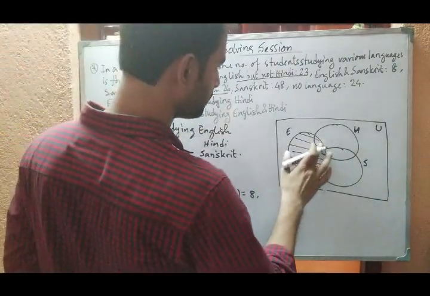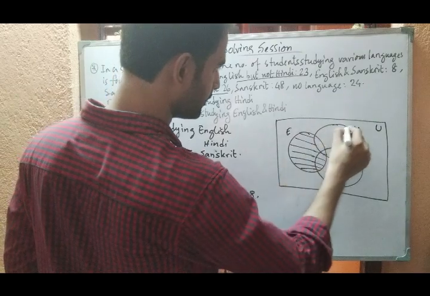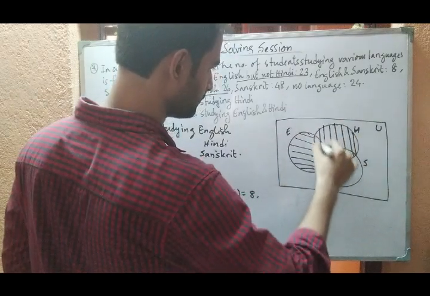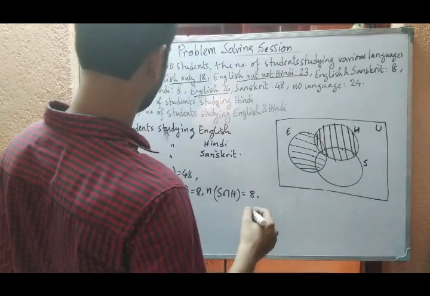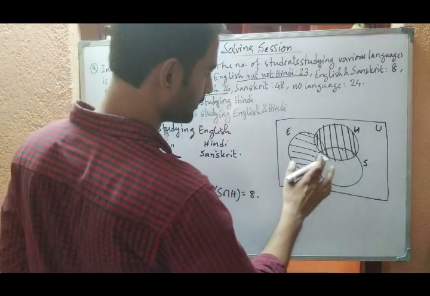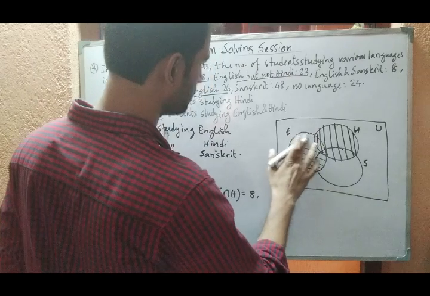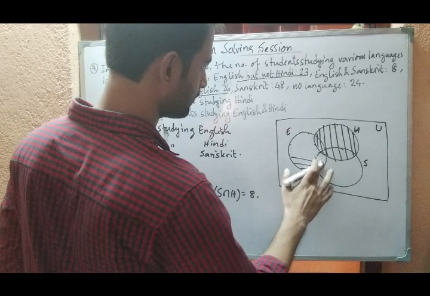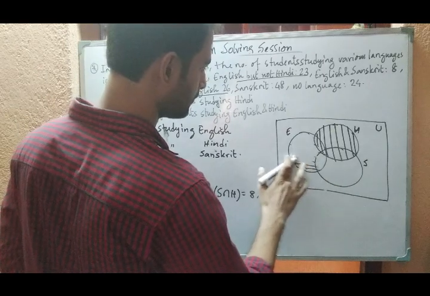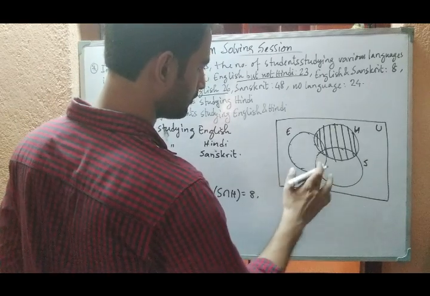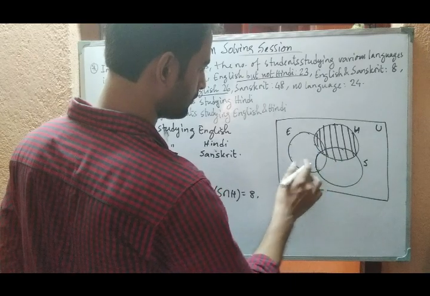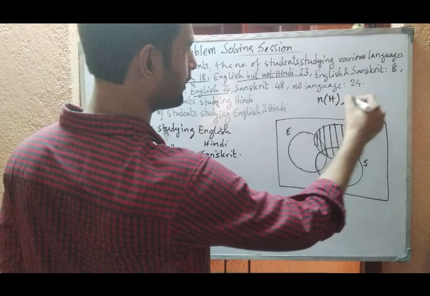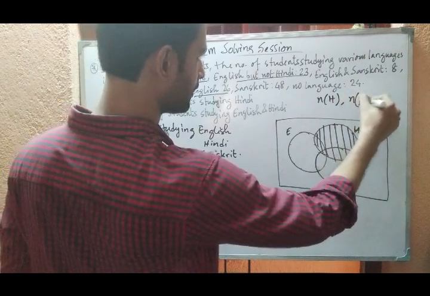Students who are studying Hindi, that means we have to find n of H. And the number of students studying English and Hindi, that means the intersection. So we have to find these two. One is n of H and one is n of E intersection H.